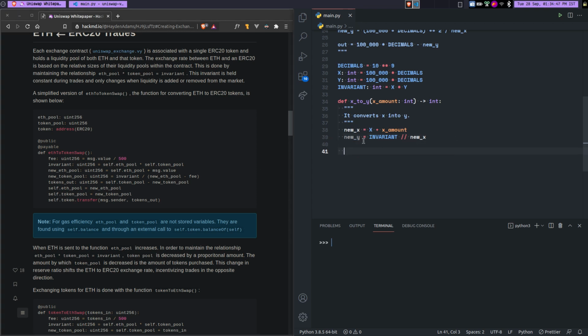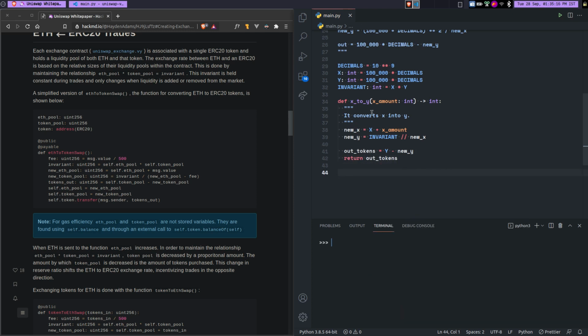So this is now going to be the new amount of Y tokens that needs to be in the pool. We are first of all going to calculate the out tokens, which is basically the amount of tokens that she will get. So out tokens is going to be the difference between the old Y tokens and the new Y tokens, because we know the amount of Y tokens is decreasing, right? And then we're going to return the out tokens.